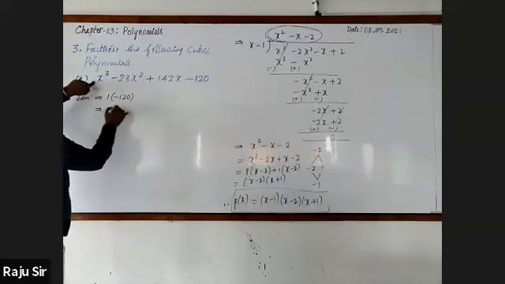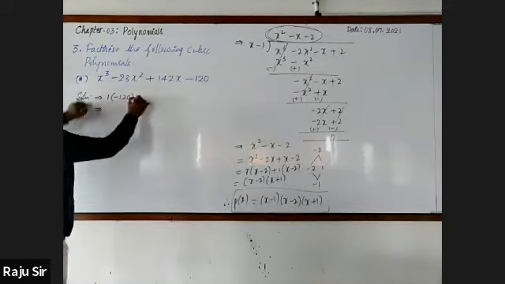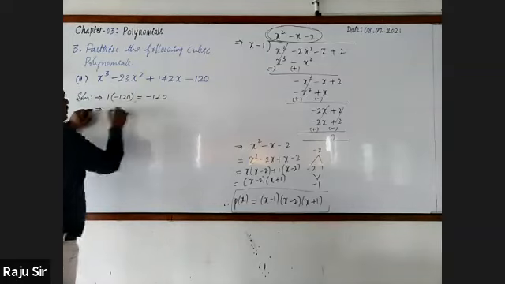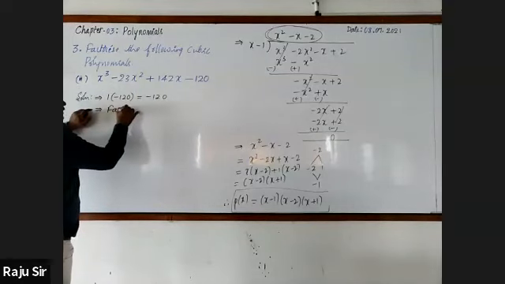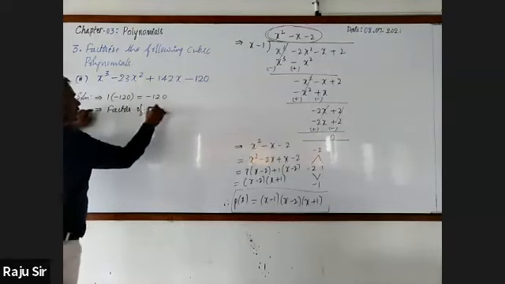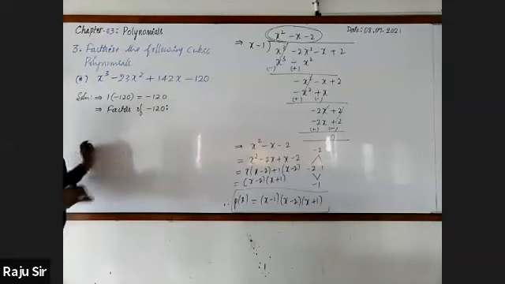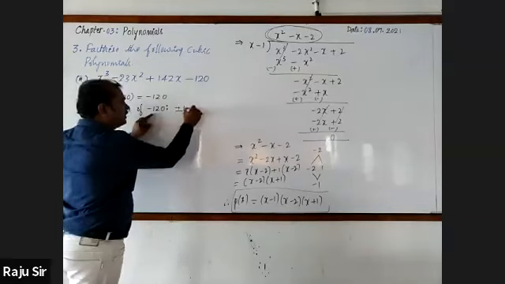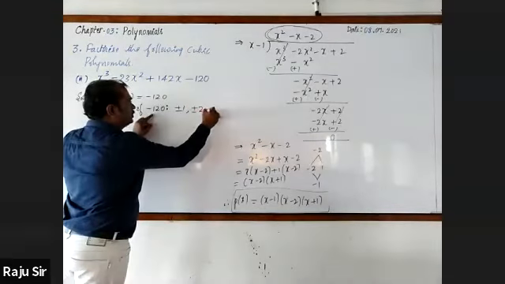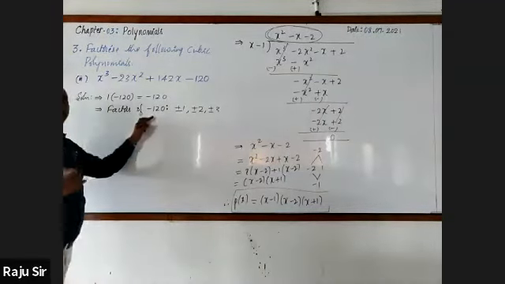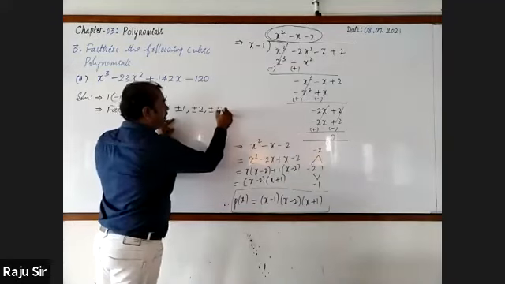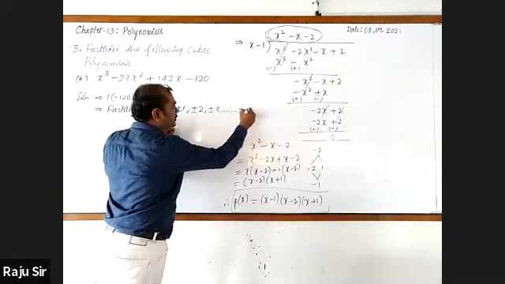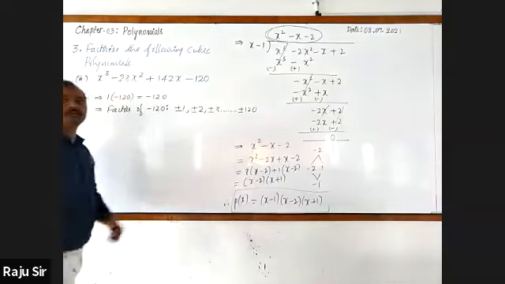This will be equal to minus 120. You have to find out the factors of minus 120. So many are there. It is plus or minus 1, plus or minus 2. It can be divided by plus or minus 3, and so on. Last one, plus or minus 120.